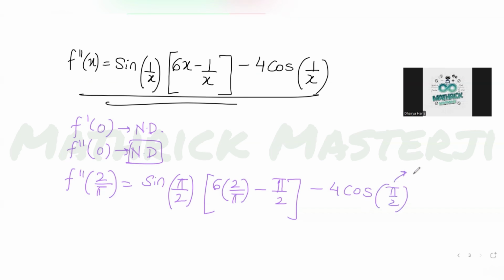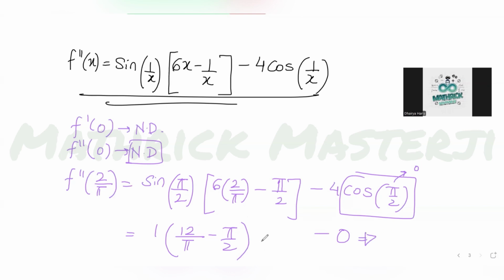So cos pi over 2 is 0, and this entire thing becomes 0. Sine of pi over 2 is 1, and this becomes 12 over pi minus pi over 2. So from here, what do I get: 12 times 2, 24, minus pi times pi, pi squared, divided by pi times 2, 2 pi.